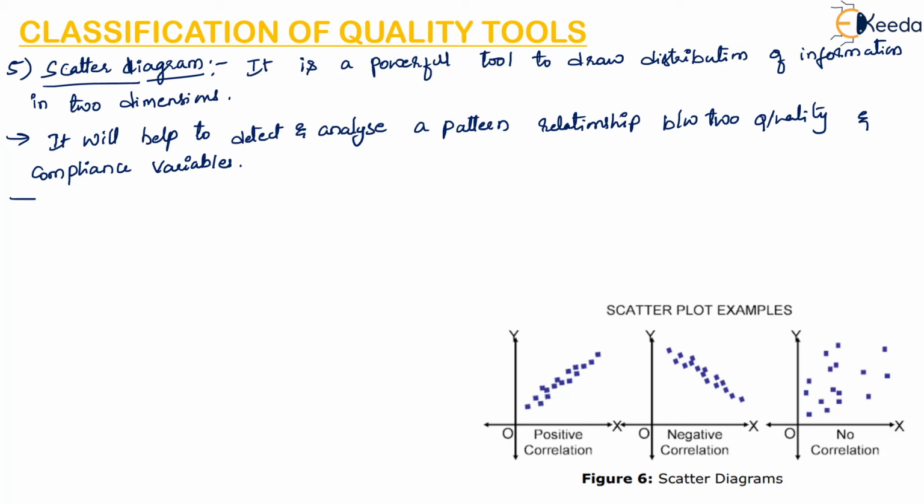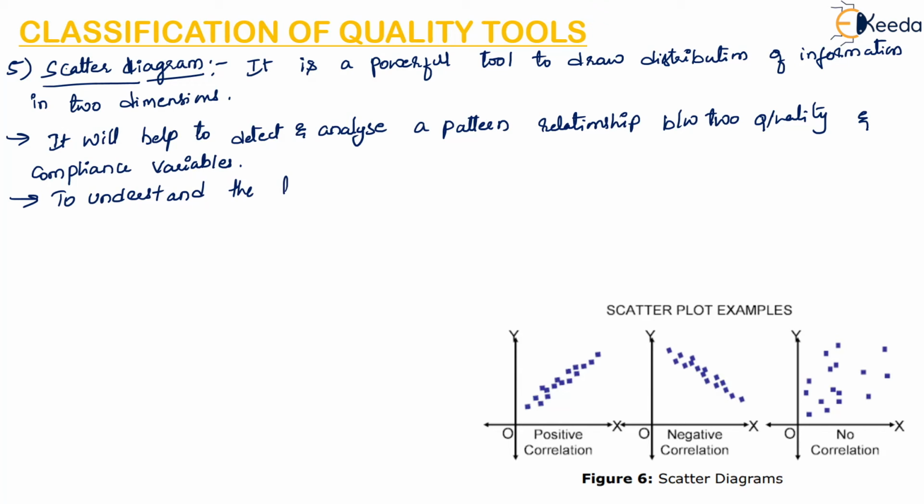It helps not only to detect and analyze the relationship, but also to know if there is a relationship between them, and then what kind of relationship is formed between these 2 quality and compliance variables.